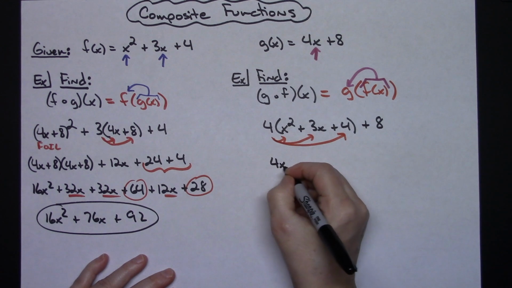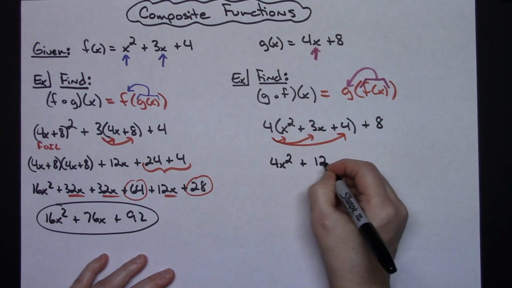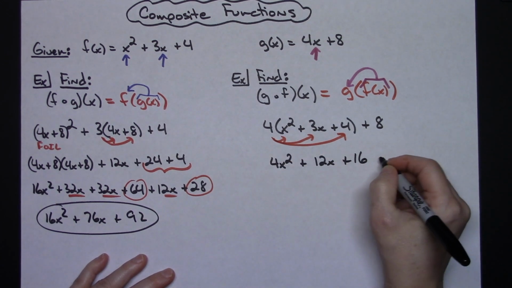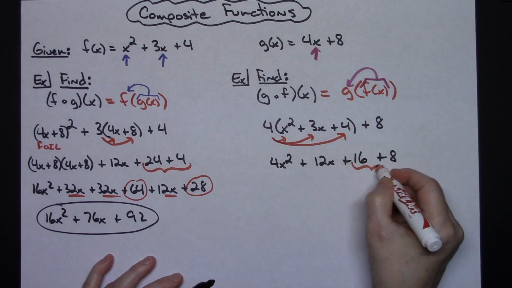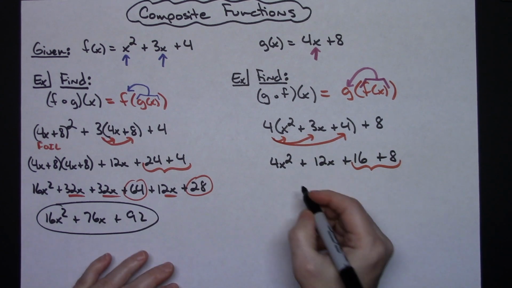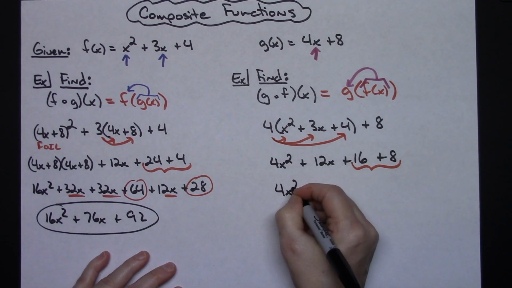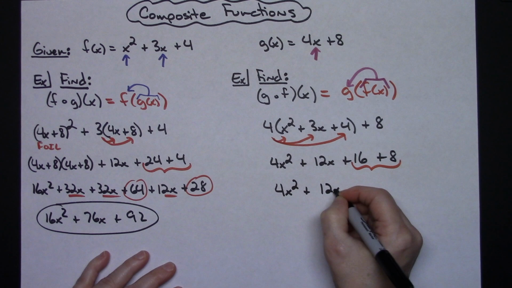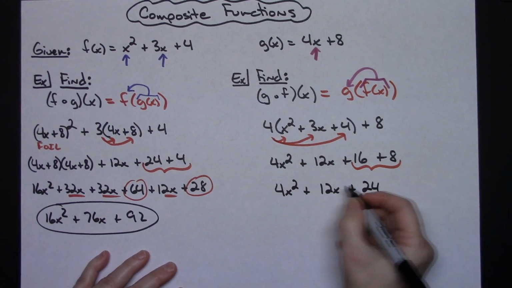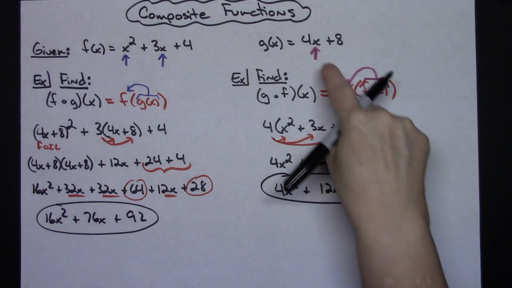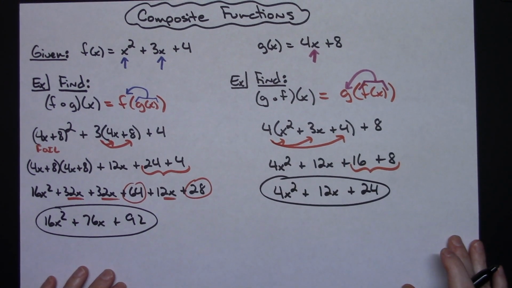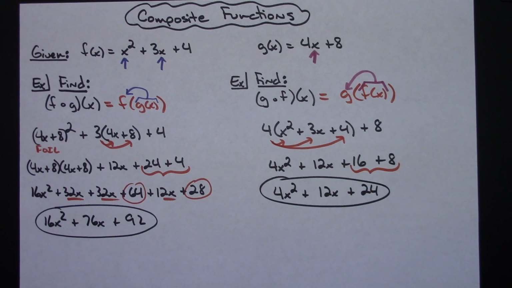So we'll have a 4x squared plus a 12x plus a 16, and then the plus 8 that's carrying down there. That will allow me then to add just those constants at the end for a 4x squared plus a 12x plus a 24. So definitely a much shorter and easier problem because we only had one place to plug the f function in at.